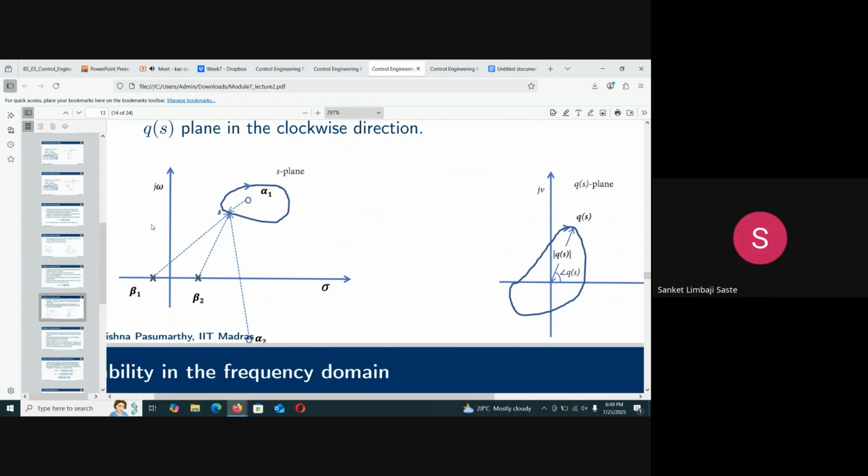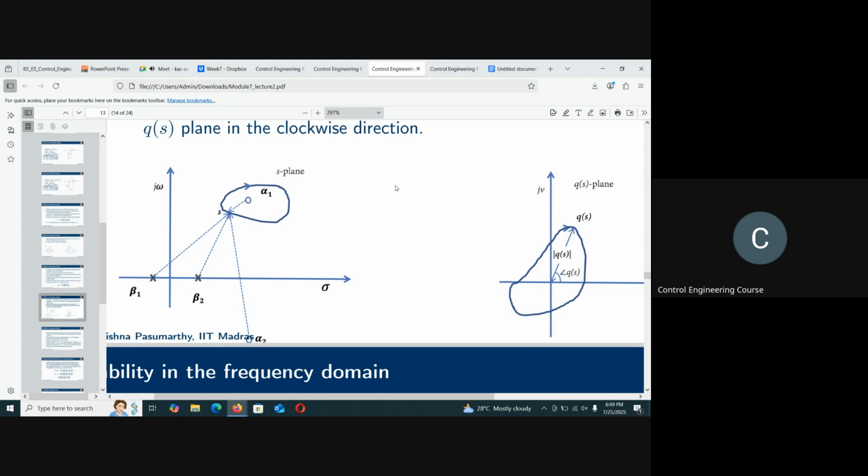So you take an arbitrary point. Now, let's say somebody makes a loop around alpha 1, but doesn't encircle beta 1 or beta 2 or other alphas.